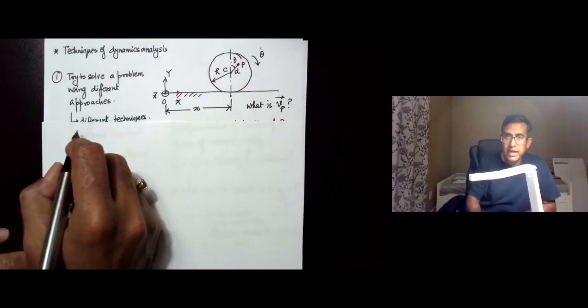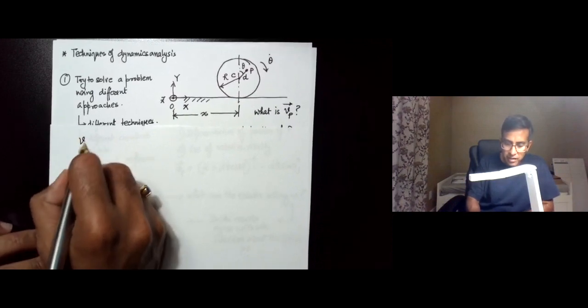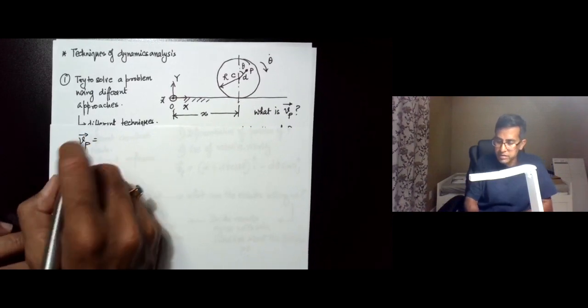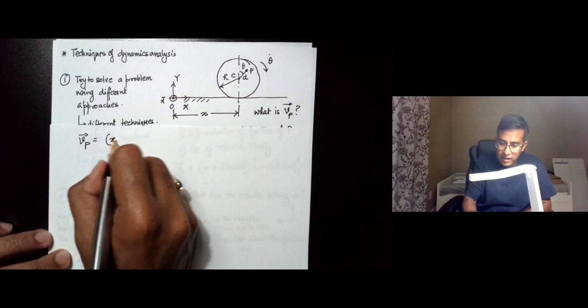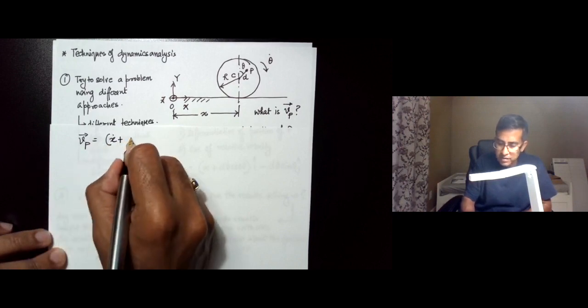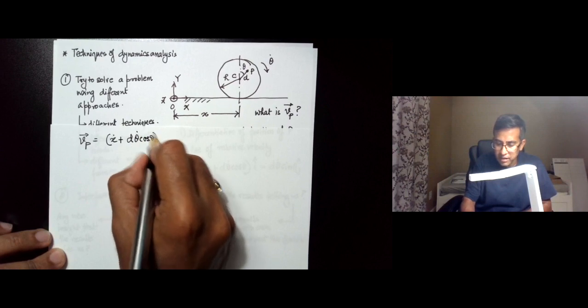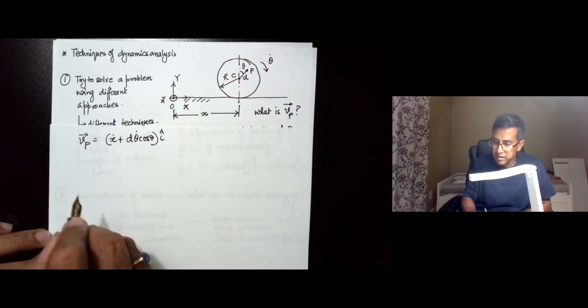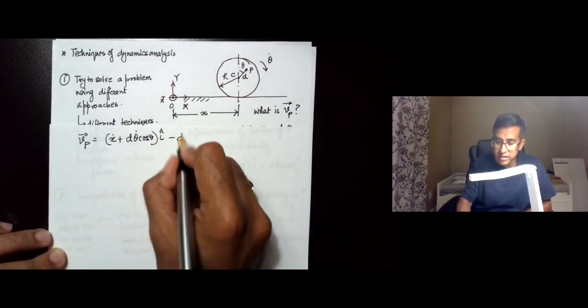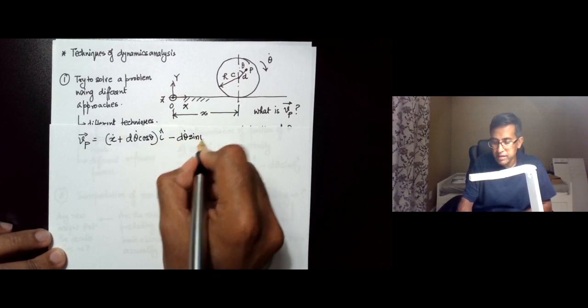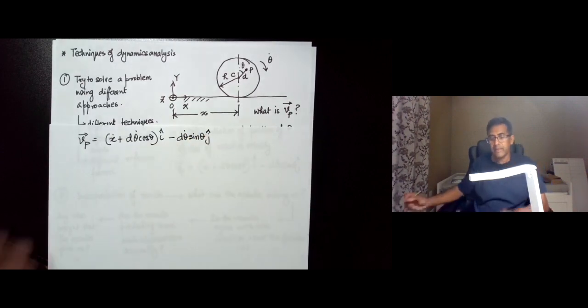So recall that the velocity Vp was x dot plus d theta dot cosine theta i minus d theta dot sine theta j.